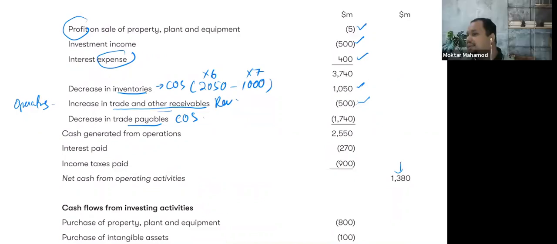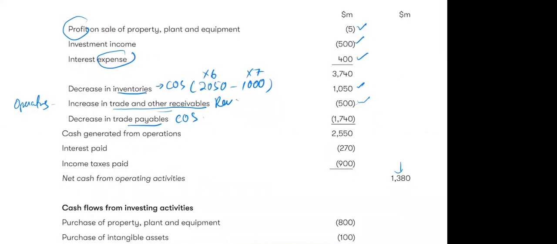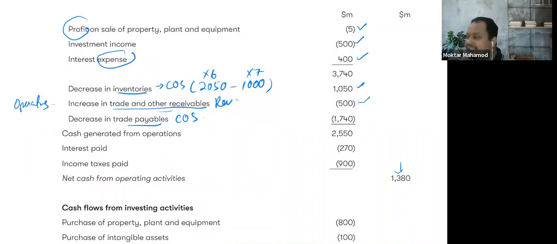Yes, sebab dia decrease, betul. And what will be the effect of that decrease in the statement of cash flow, in the cash movement? Increase in cash flow. Increase in cash flow, yes, correct. When inventory decreases, meaning that the company managed to sell more inventory from the beginning to the end of the accounting period. So that's why it is a positive figure, and that's why it is a positive cash flow.